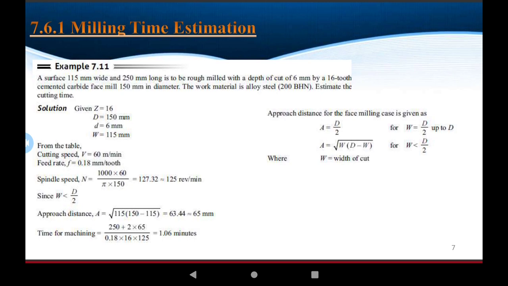Small d is 6 mm, and z equal to 16 teeth is used for the tool concerned.